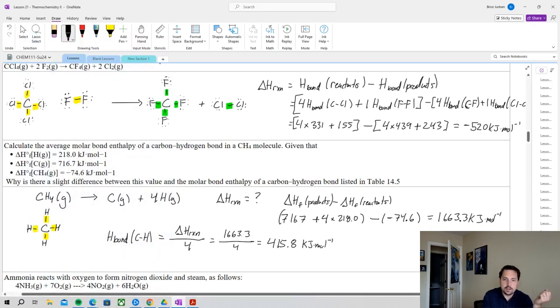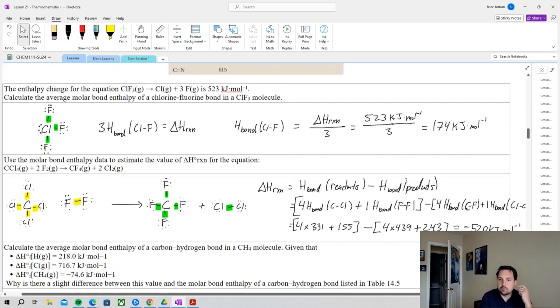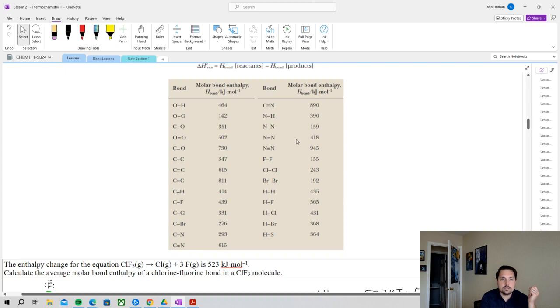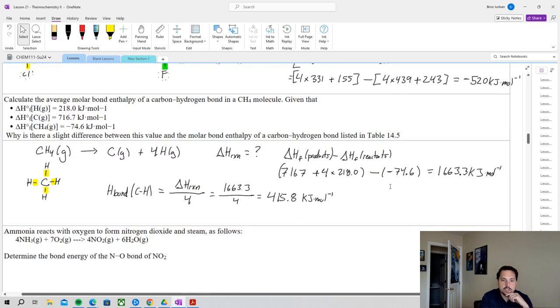per mole. And if we compare this to the table listed in 14.5, that's this table right here, it's 414. Okay, so that's actually really close. Why is there a slight difference? Well, the slight difference is because this 414 is for other types of carbon-hydrogen bonds.